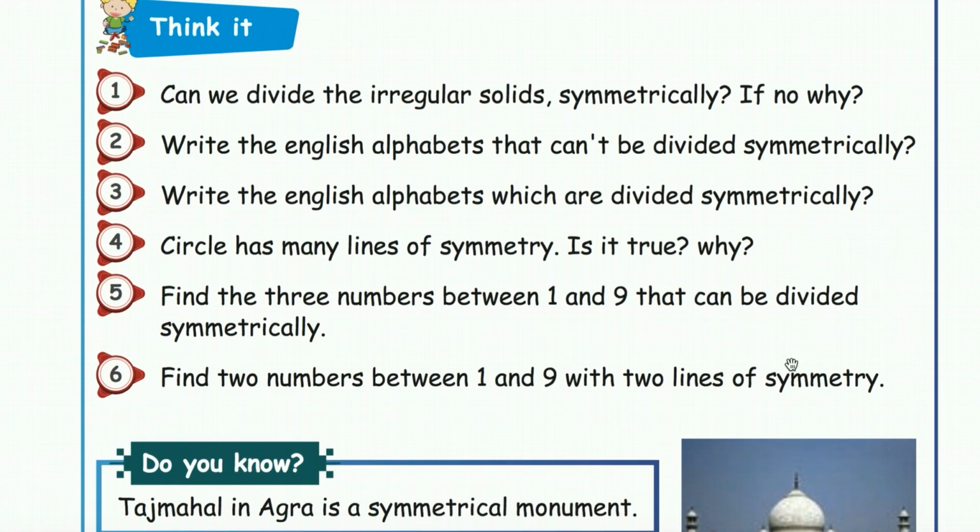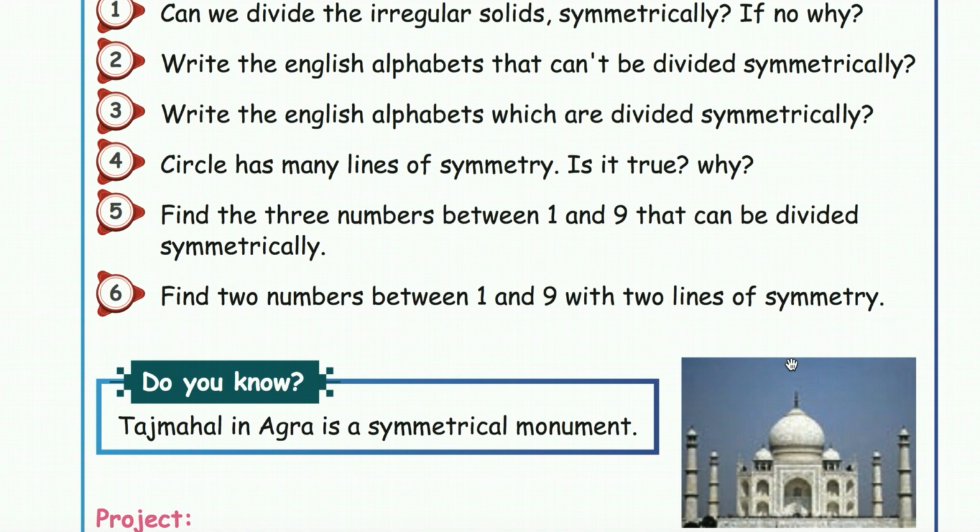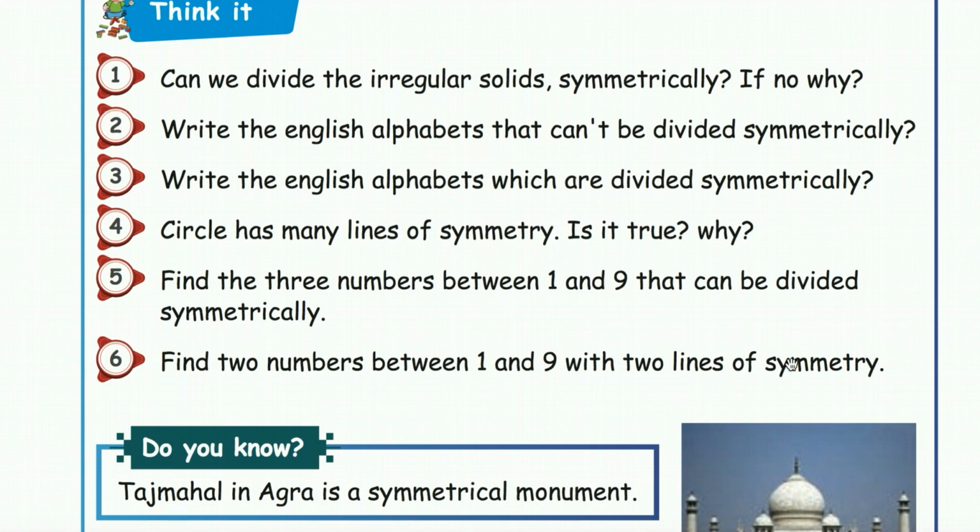If no, why? Write the English alphabets that can't be divided symmetrically. M is symmetrical, N is symmetrical, I is symmetrical, O is also symmetrical. P is not symmetrical.